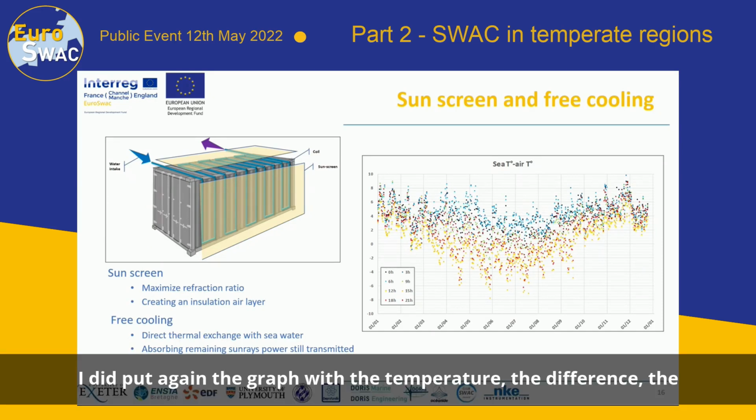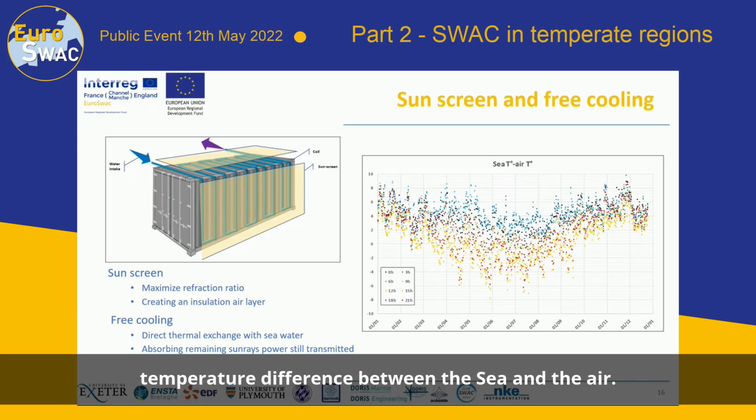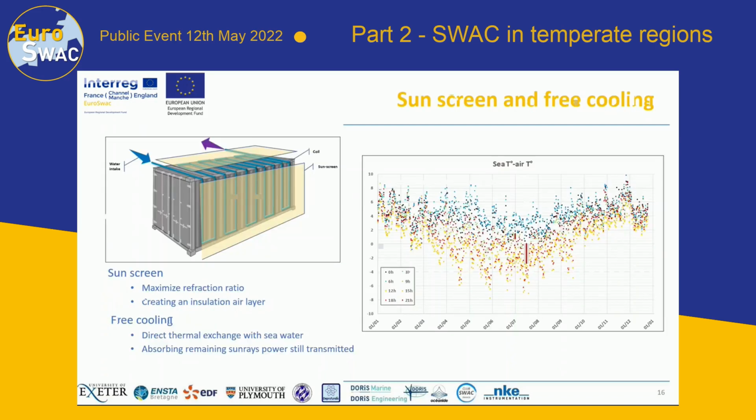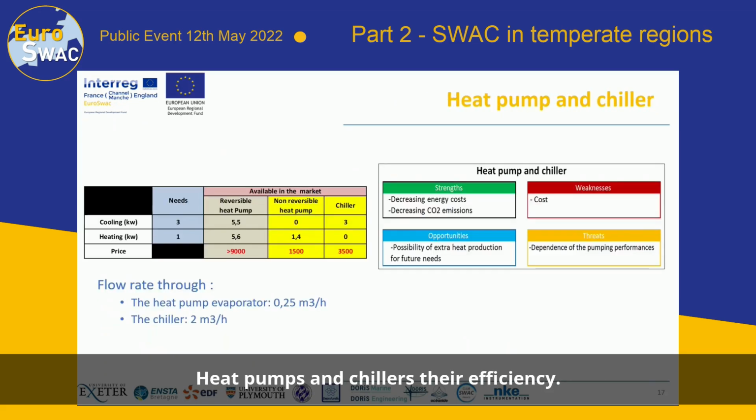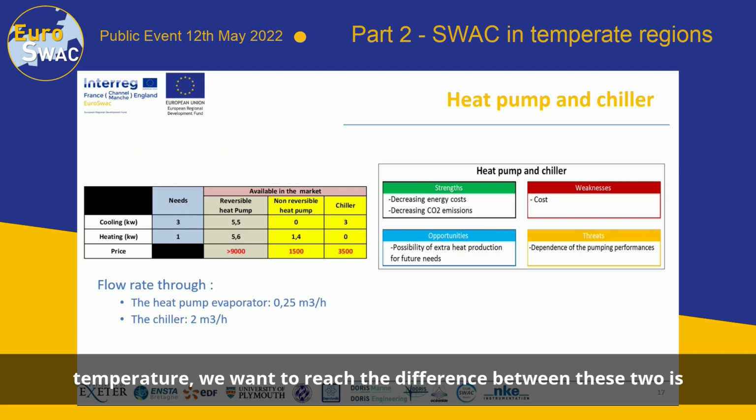I did put again the graph with the temperature difference between the sea and the air, because next we are going to talk about heat pumps and chillers. Heat pumps and chillers, their efficiency relies a lot on the difference of temperature between the source of heat that we have and the temperature we want to reach.